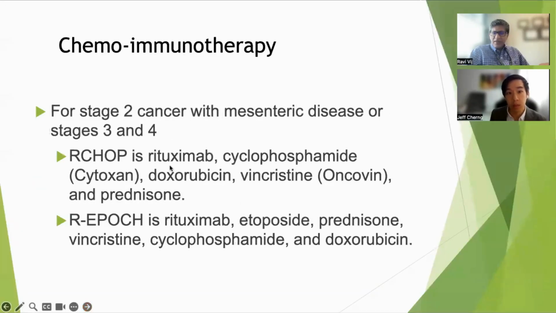So then, obviously, for the more traditional majority of patients that have stage 3, 4 disease, advanced disease, there's a slightly different approach. So how do you dice that pie?